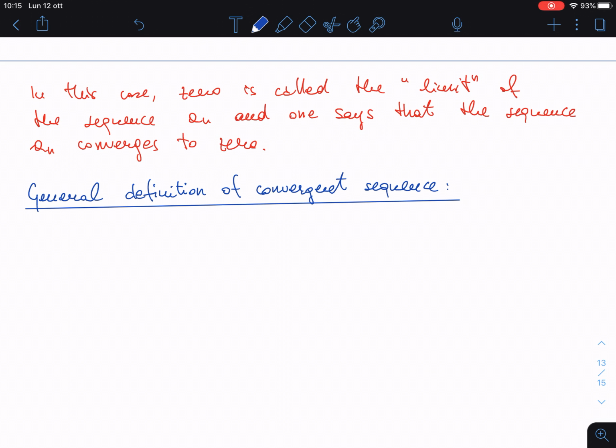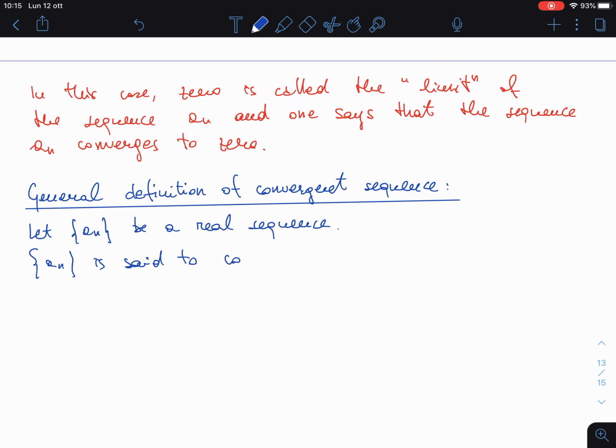So, we say that if an is a real sequence it is said to converge to the limit L in R if. Now we have to generalize what we wrote here. But instead of 0, we have some number L.